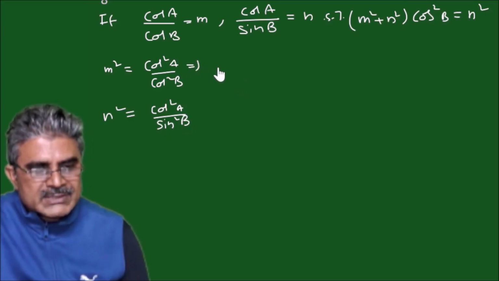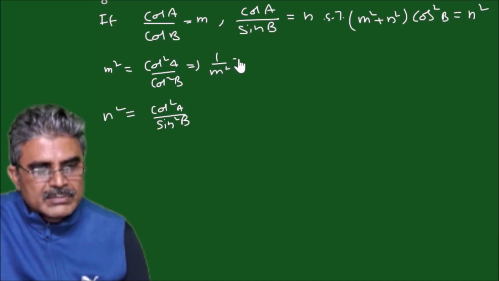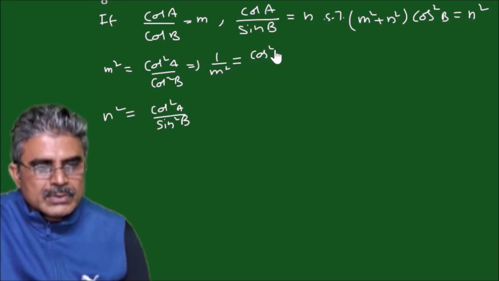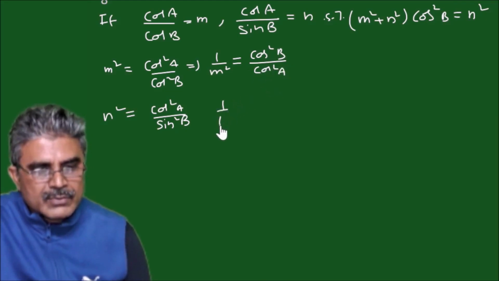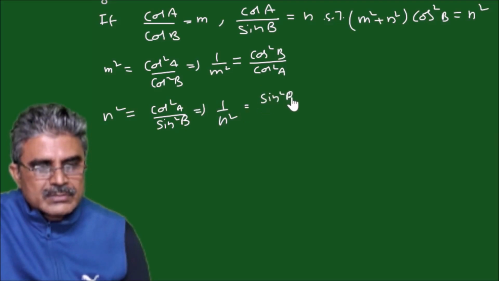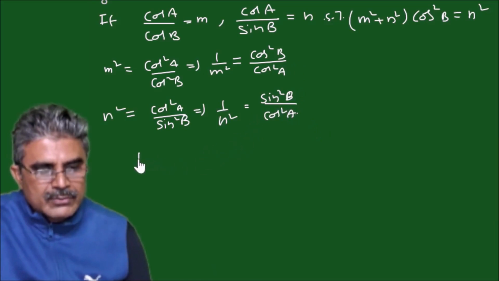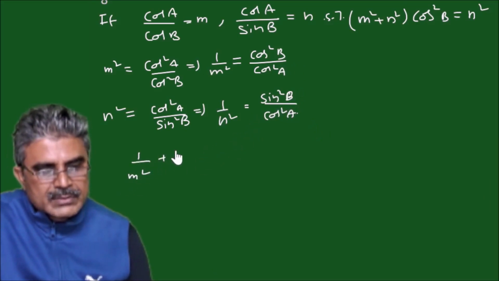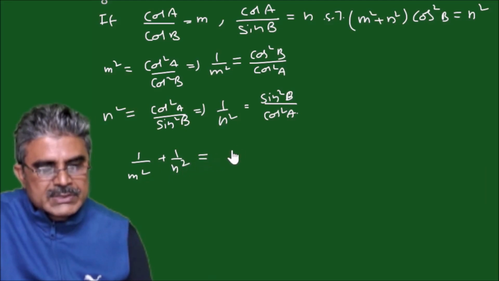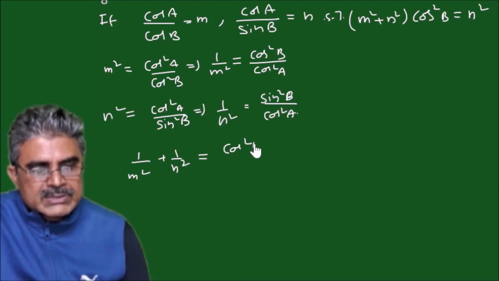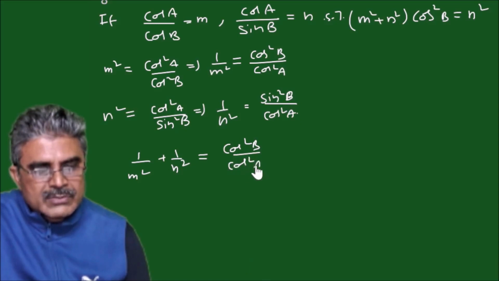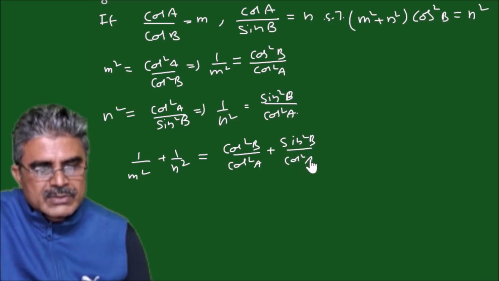So from this I want to reciprocate this term. So 1 by m square is equal to cos square b by cos square a, and 1 by n square is equal to sin square b by cos square a. So by adding these two terms, you will have 1 by m square plus 1 by n square is equal to cos square b by cos square a plus sin square b by cos square a.